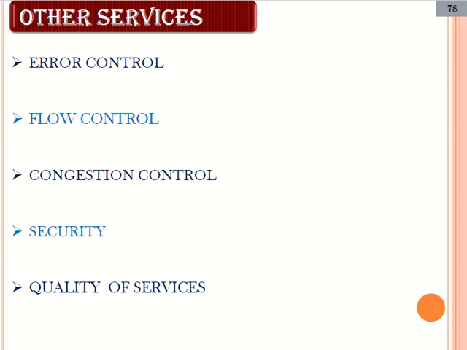The next issue is congestion control. Congestion in the network layer is the situation wherein too many datagrams are present in an area of the internet. It might occur when the number of datagrams sent by the source computer is beyond the capacity of the network router.